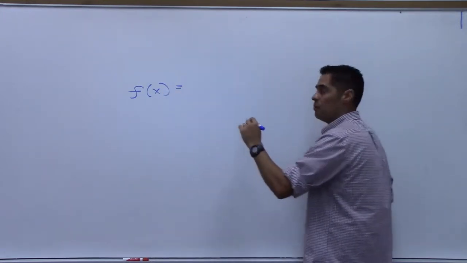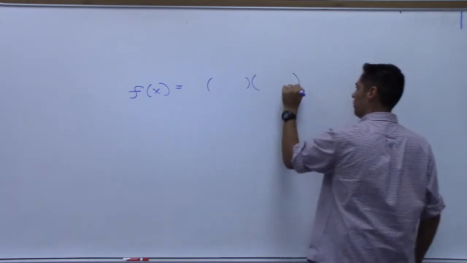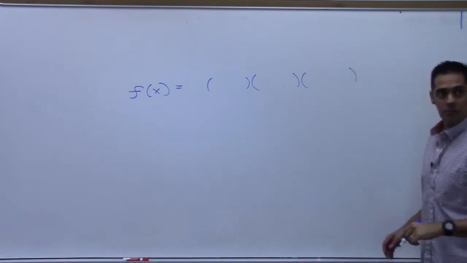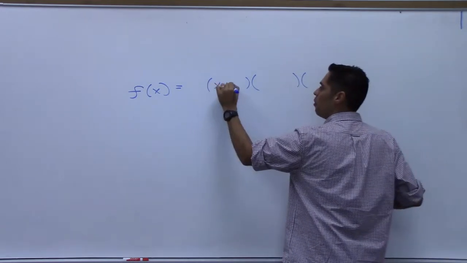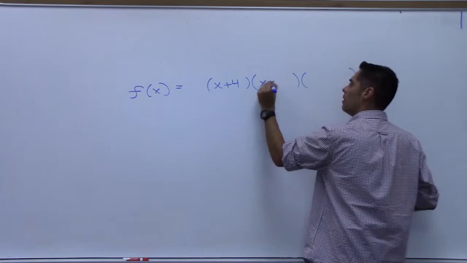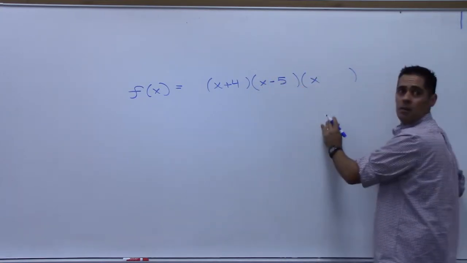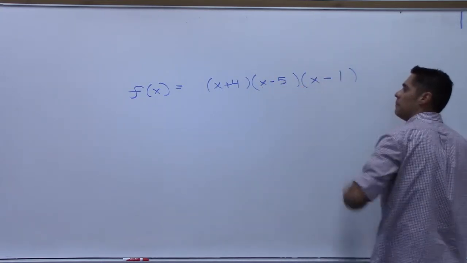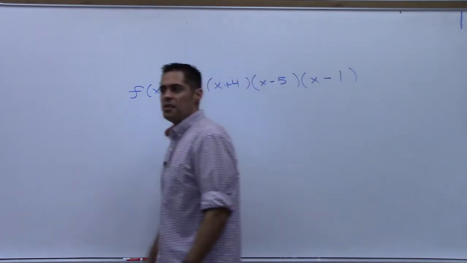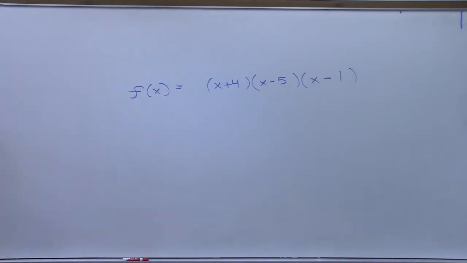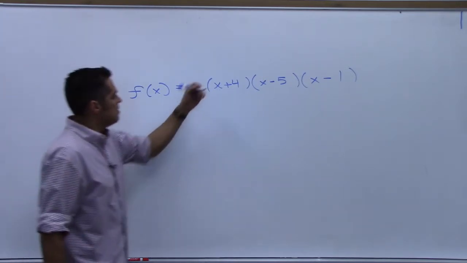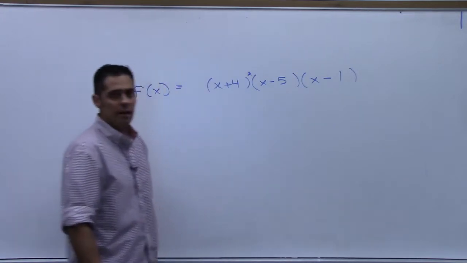What are the factors? What are some factors I can have in here, or need to have? Plus 4? Yeah. Minus 1? What about touching and crossing? I don't have any information about that, do I? Nope. So can I just make one of these touch if I want to? Like, can I just say, all right, I'm just going to make this one touch, make that squared. Can I do that? Sure.